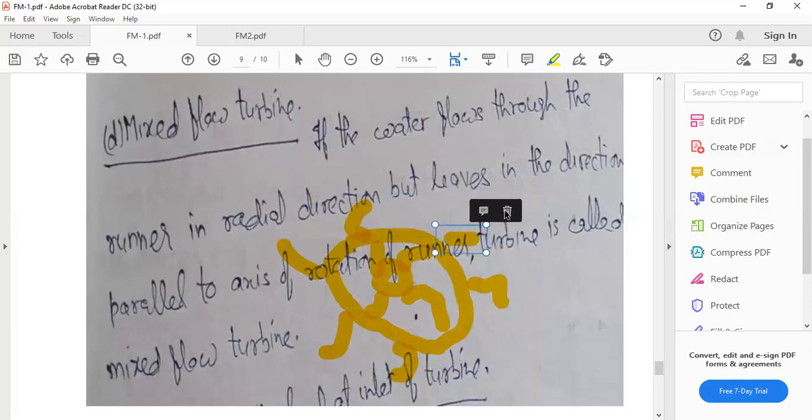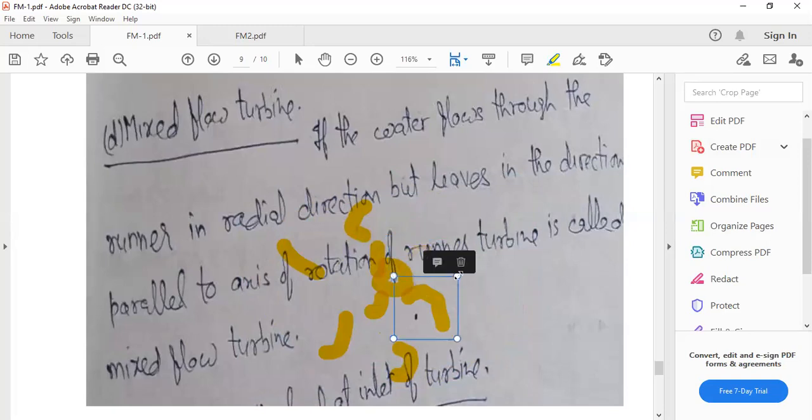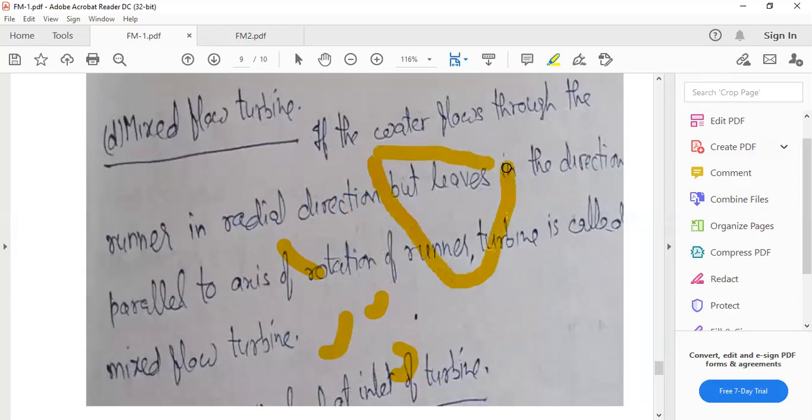Then we have axial flow turbine. In axial flow reaction turbines, what happens? The water moves in parallel direction to the axis of runner. Okay, so the diagram of that is like this. Here we have the runner and water flows parallel to this runner like this, and here we have the sump.